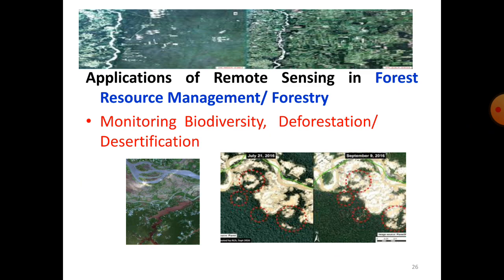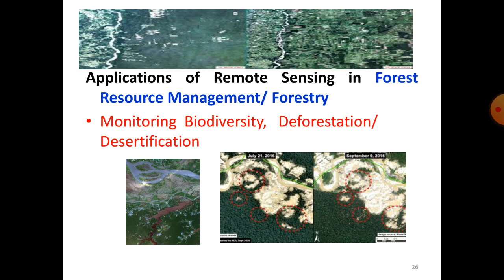First to start with is the application of remote sensing in forestry or forest resource management. Remote sensing is used to monitor the biodiversity of wide forest areas. It helps in checking or controlling the processes of deforestation or desertification.